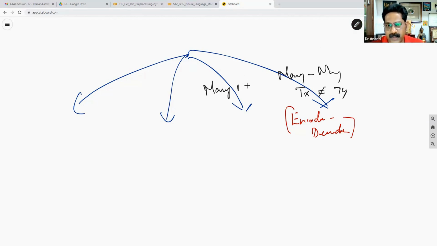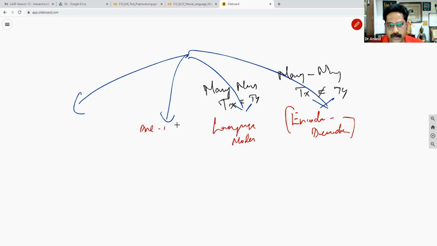Another branch is also many-to-many, where your Tx is equal to Ty. The nature is the same, English sentences. You make your language model understand the actual sequence. Mary had a little lamb, and your output is going to be had a little lamb end of sequence. That kind of example is a simple language model.